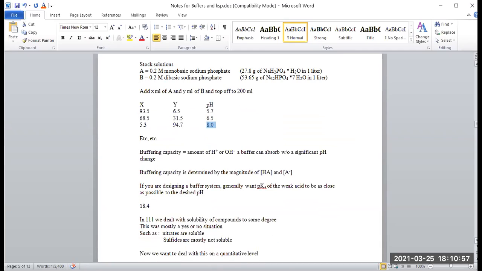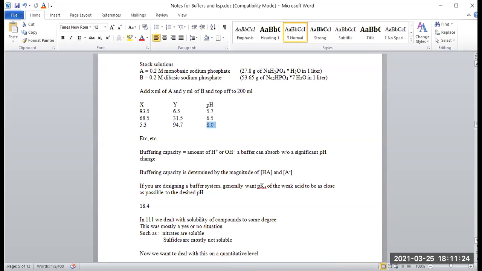Most of the acetic acid buffers are in the 5 to 6 range. Most of the ammonia-based buffers are up in the 9 range. There are ways to tinker with it to make it a little bit lower or a little bit higher, but they're less common. But you can match things. Remember, P is a function.